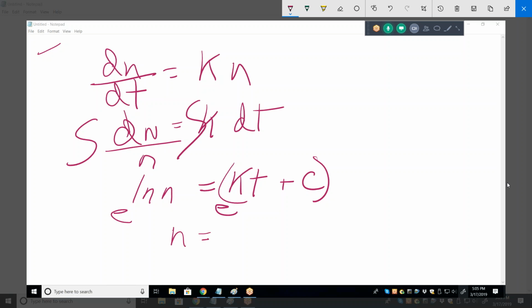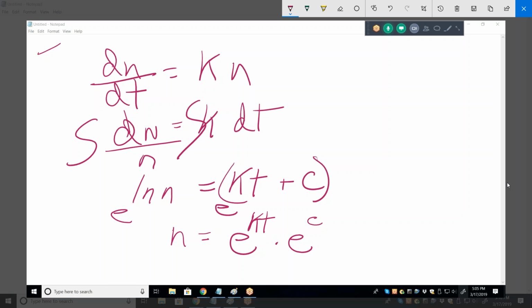Well, it's e to the kt plus c, but I can split that up. What do you do when you're adding exponents? Exactly. In other words, if I started with the bottom, it would turn into the top, right? Same base, different exponents, you add the exponents.